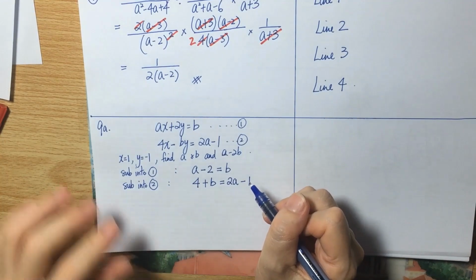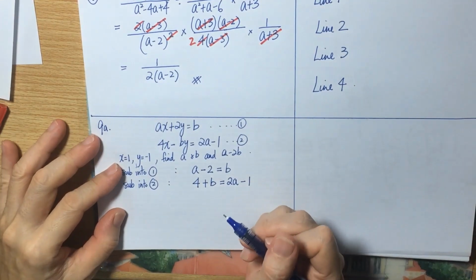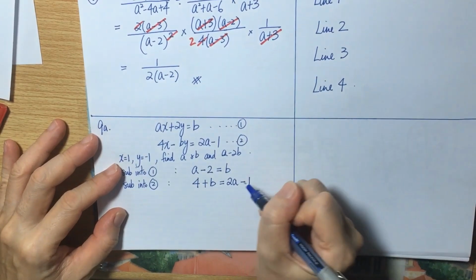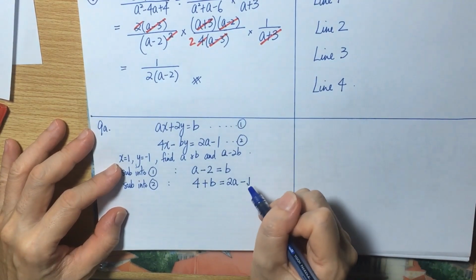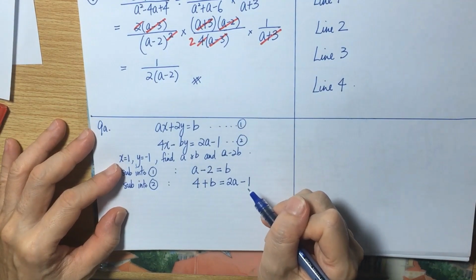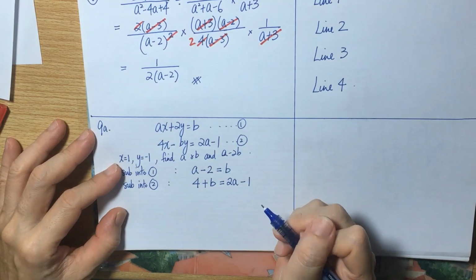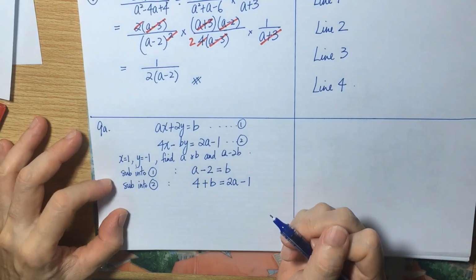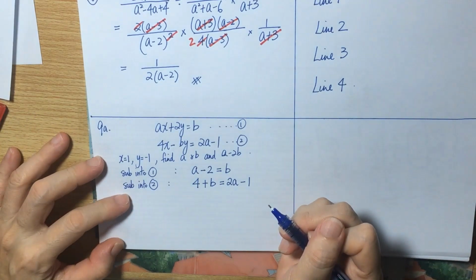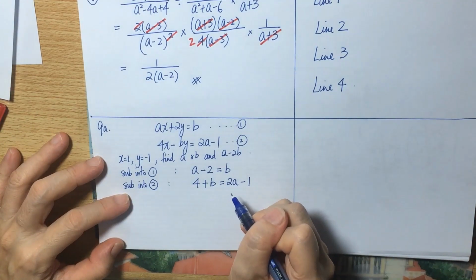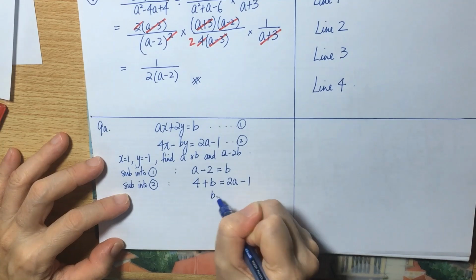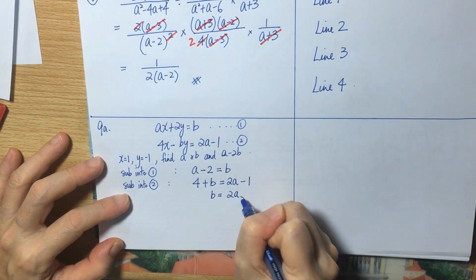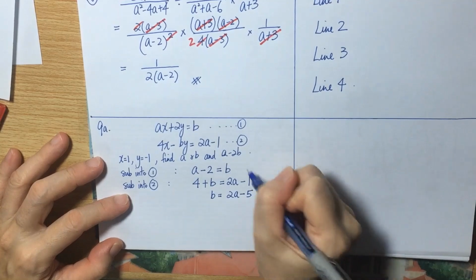So I have here equation 1. Okay, let me simplify this to be b equals 2a minus 5.